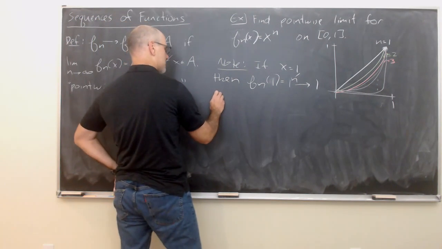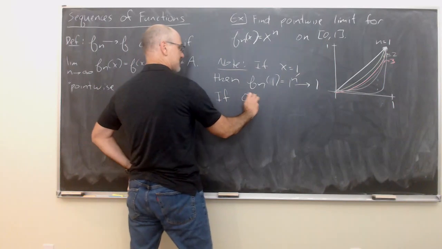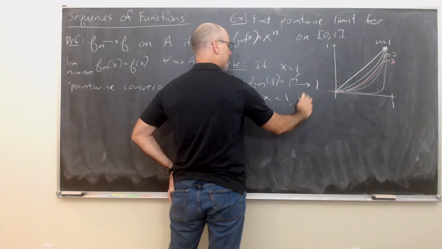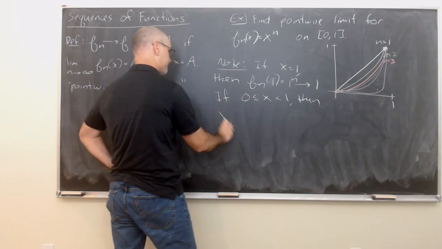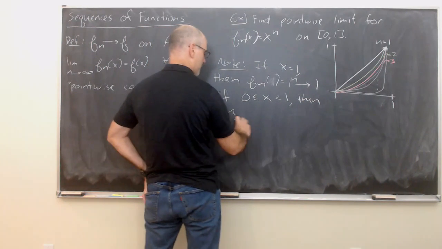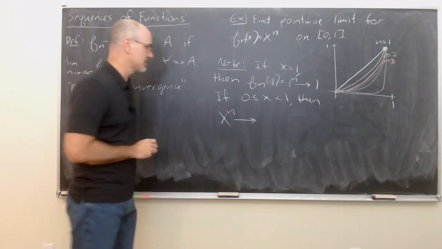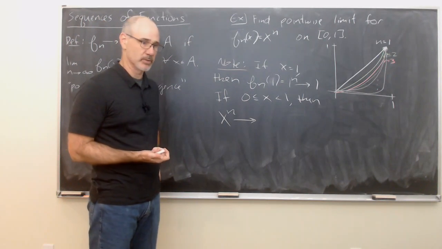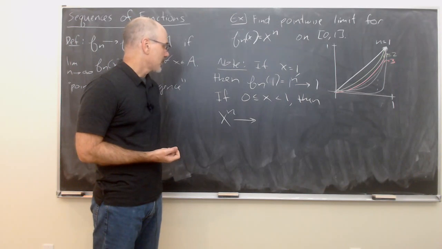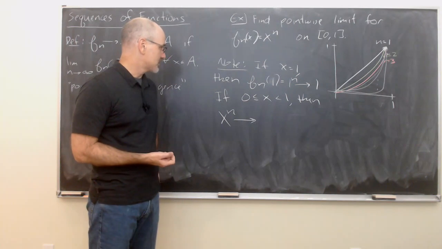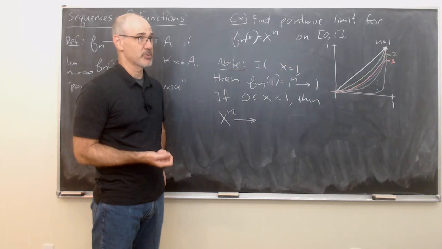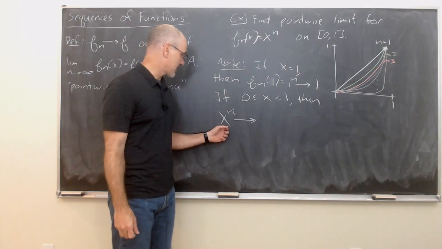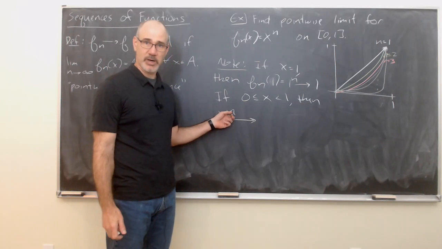Now, what happens if x is anything else in the interval? Well, if x is anything else in the interval, it's smaller than 1, so it's some fraction between 0 and 1. And if that's the case, well, I should be a little careful, not necessarily a rational number, but thinking of it as just a fraction smaller than 1. If that's the case, raising it to higher and higher powers drives it to 0.